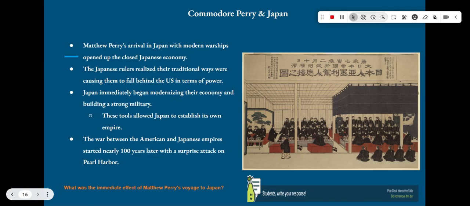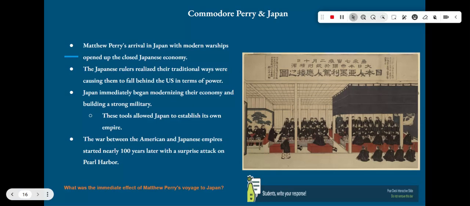And miraculously, the Japanese leaders realized that their traditional ways were causing them to fall behind the U.S. in terms of power. And they looked at the warships and the technology and really just the infrastructure of the United States at that time and said, hey, we need to modernize our economy. We need to start building a strong military because all of these other countries in Asia have been invaded or conquered or colonized except for us.